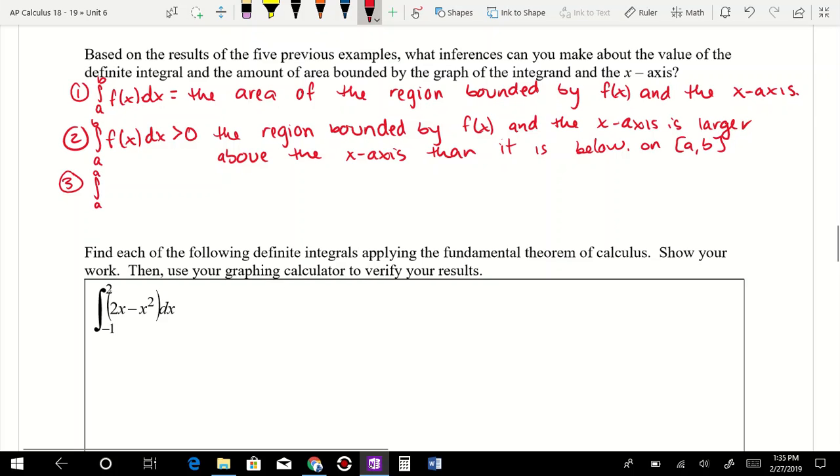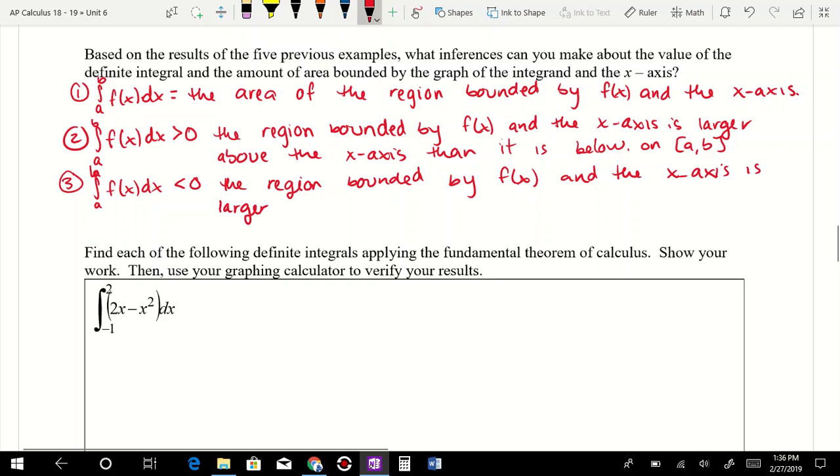If the definite integral from a to b of f of x dx is less than 0, the region bounded by f of x and the x-axis is larger below the x-axis than it is above on the interval from a to b.